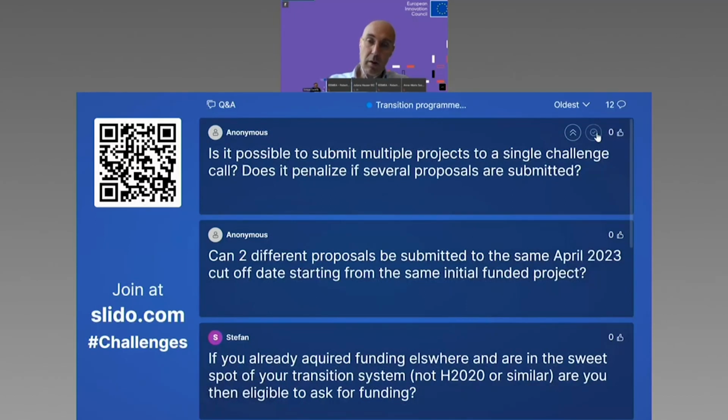This shouldn't be the case, because the jury might actually penalize one or the other. There can be, and there have been in the past, projects that are stemming from the same research results, but in different applications for radically different markets and also different products. So this is possible. Yes.